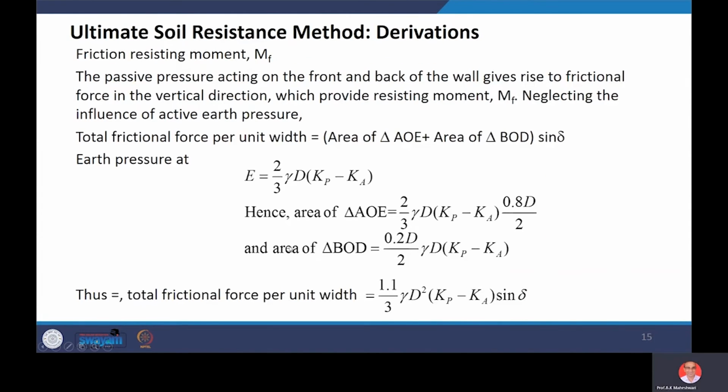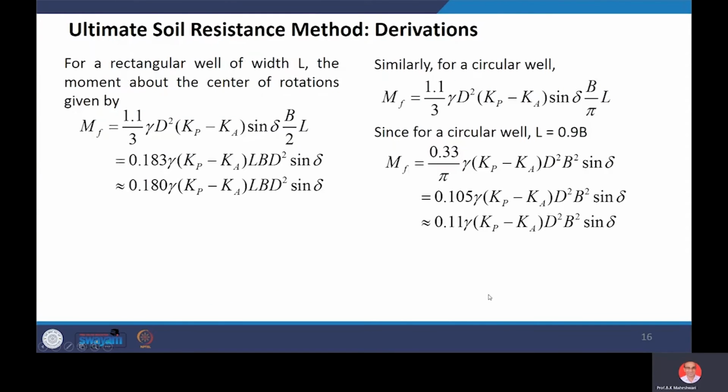To calculate the value of MF, the total friction force per unit width is the area of triangle AOE shown here plus the area of triangle BOD, multiplied by sine delta. All the numbers have been put in here, and finally the total friction per unit width is calculated in this equation, and we get this for a rectangular valve of width L. The moment about the center of rotation is given by this relation, 1/3 gamma D (Kp minus Ka) B/2.